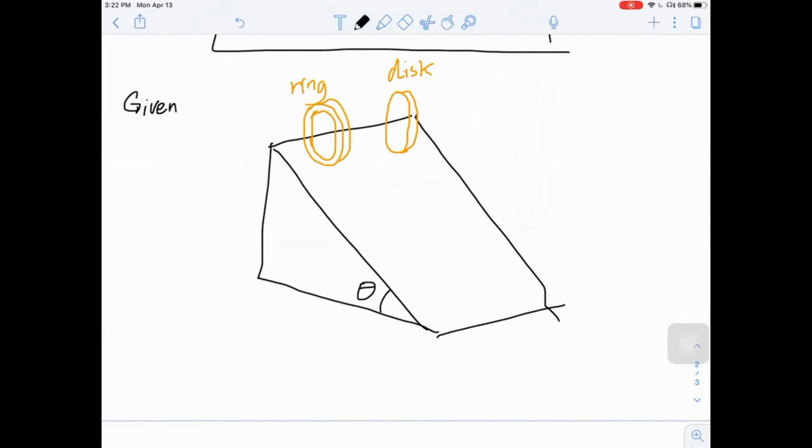So we know they have the same mass, same radius r, and we do have friction on the surface. So they're both rolling without slipping. If that makes sense.